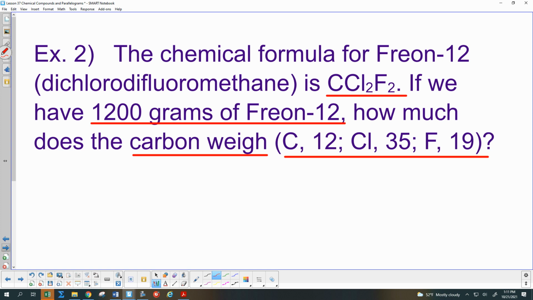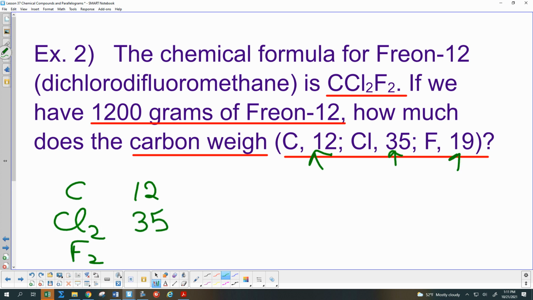We just are going to write down that we have C, Cl2, and F2. And then at the end of it, it's going to tell us 1 atom of C weighs 12, 1 atom of Cl weighs 35, 1 atom of F weighs 19.